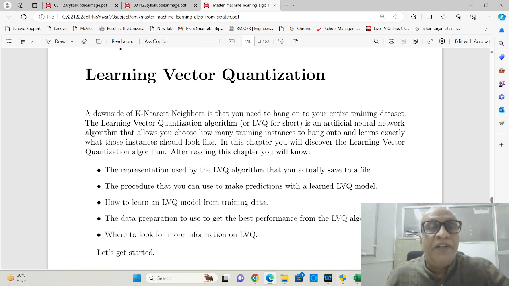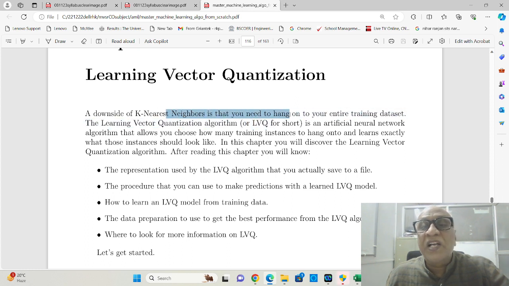Okay, so the first topic being discussed using Jason Brownlee's book is learning vector quantization. Here, there is a relationship between learning vector quantization, the short form is LVQ, with k nearest neighbor. You can say learning vector quantization is an extension of k nearest neighbor, overcoming its disadvantage. What is the disadvantage?